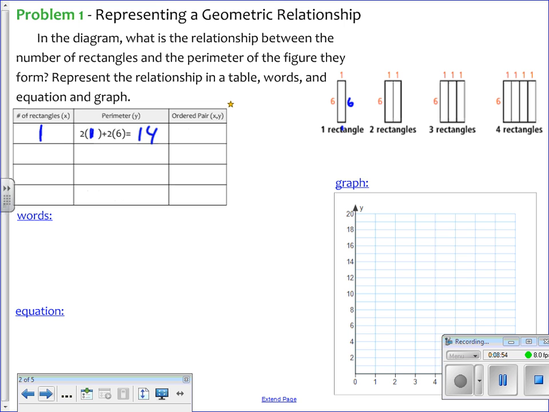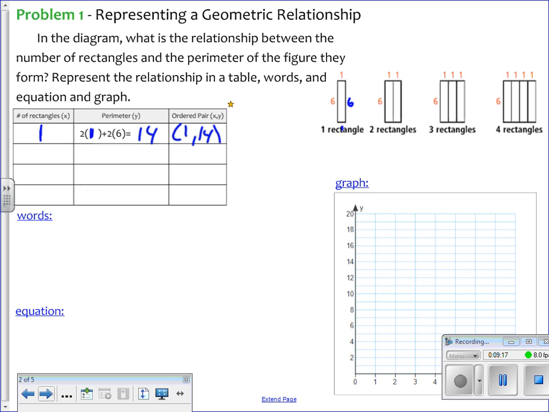This is my x. This is my y. The perimeter is my y. My ordered pair is 1, 14. 1 because I have 1 rectangle. 14 because that's the perimeter for 1 rectangle.